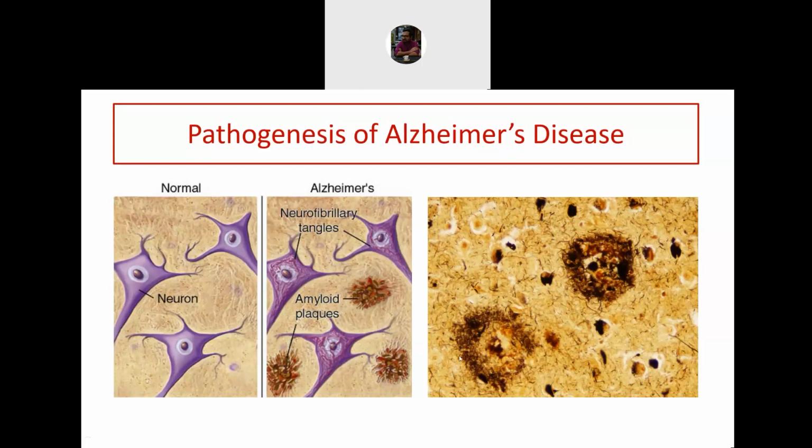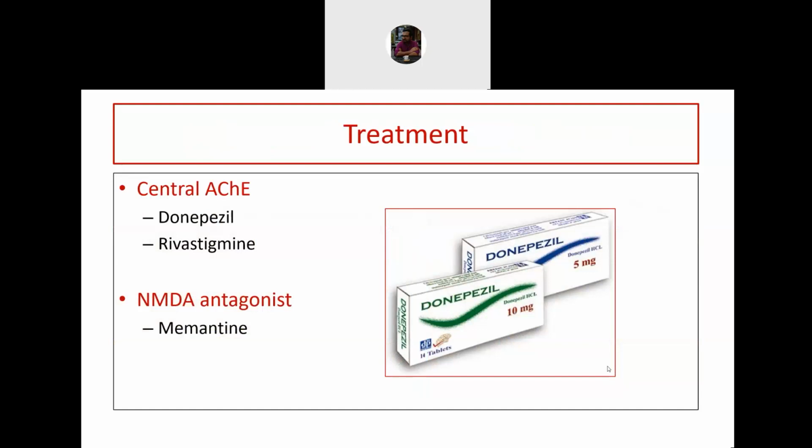These large dark areas are the neuritic plaque or amyloid plaque, and the small dark areas within the cell bodies are the neurofibrillary tangles. So the treatment includes central anticholinesterase or acetylcholinesterase inhibitors like donepezil and rivastigmine, and NMDA receptor antagonists like memantine. So this is basically the end of the session.